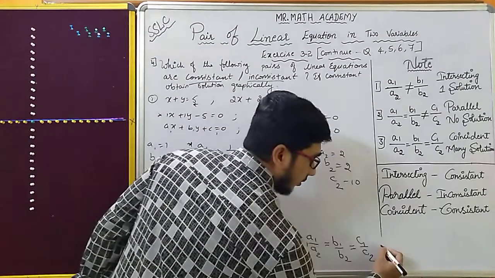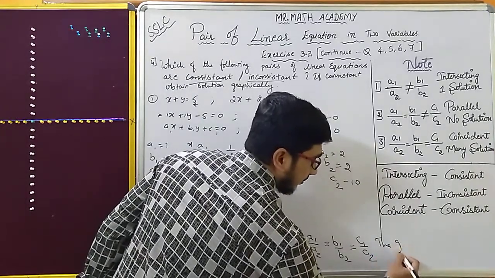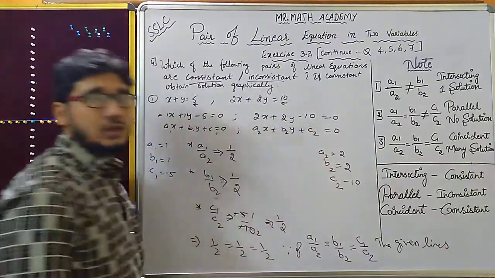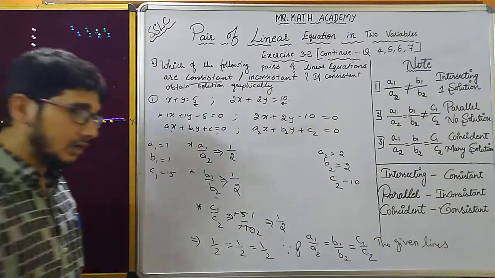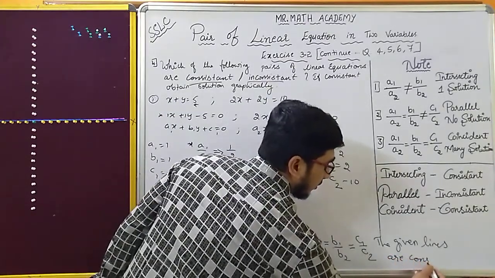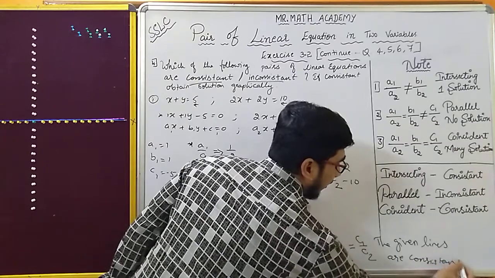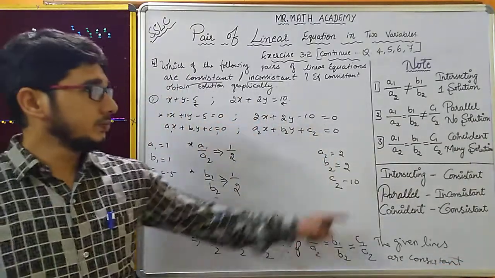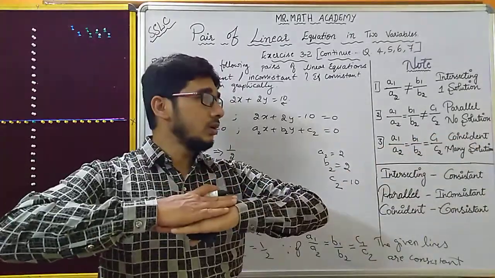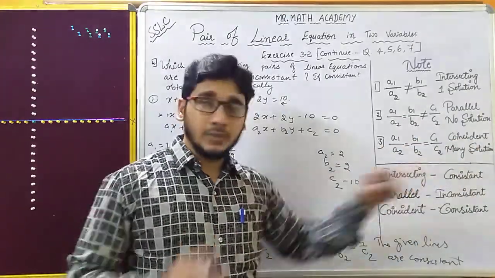The given linear equations in two variables are consistent. Why is it consistent? I told you, if all are equal, the lines coincide, one on another, so we will get many solutions.